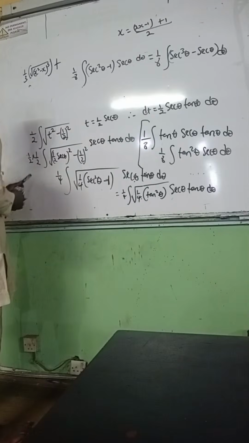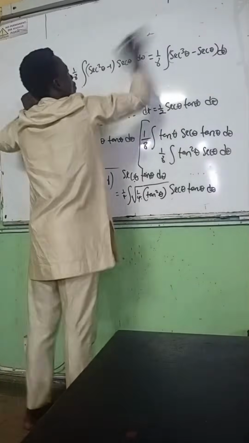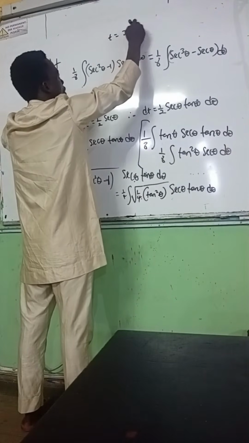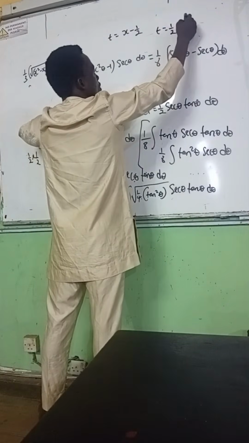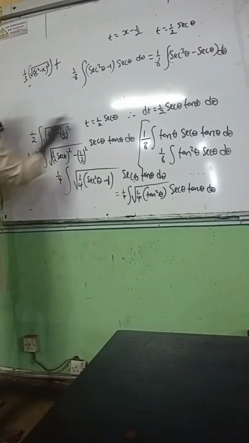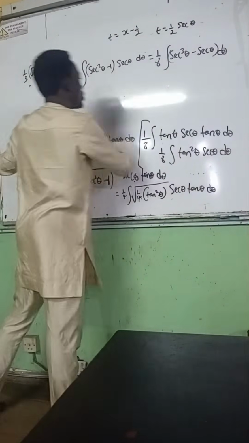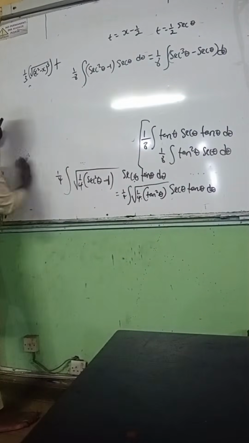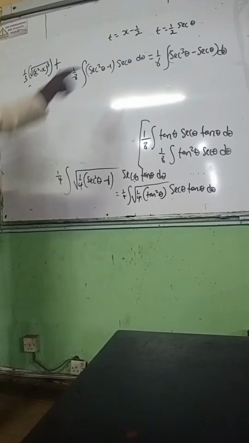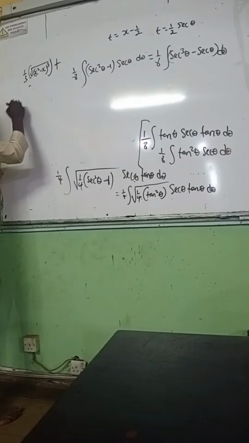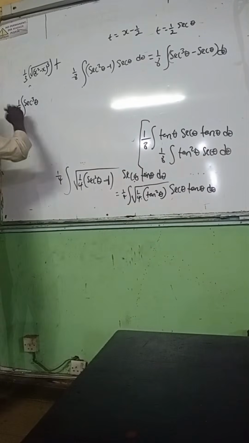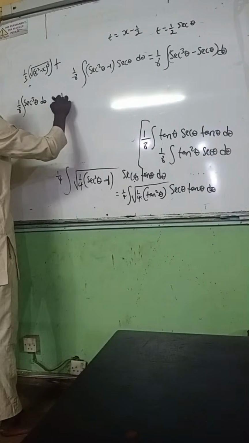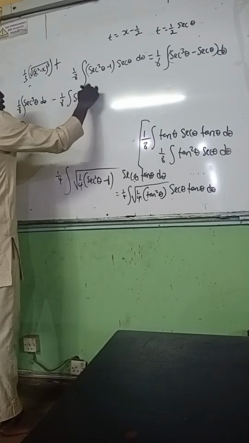Our t is this. Let's not forget. We have t equals x minus 1 over 2. We also have another t equals 1 over 2 sec theta, so that I will not forget. So we have 1 over 8 integral of sec cube theta d theta minus 1 over 8 integral of sec theta d theta.